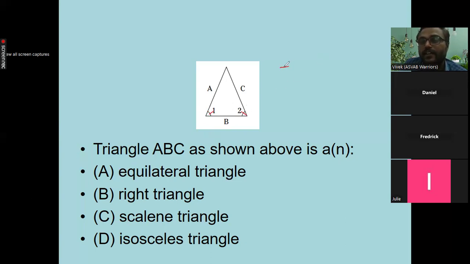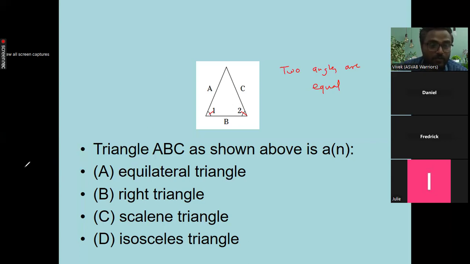So two angles are equal. What did I tell you about an isosceles triangle? Two sides are equal and two angles are equal. So this is an isosceles triangle.